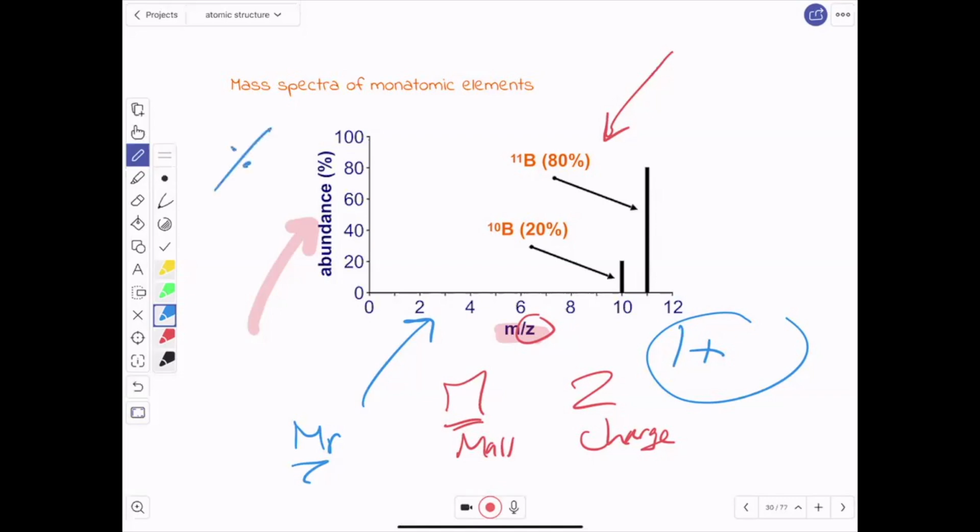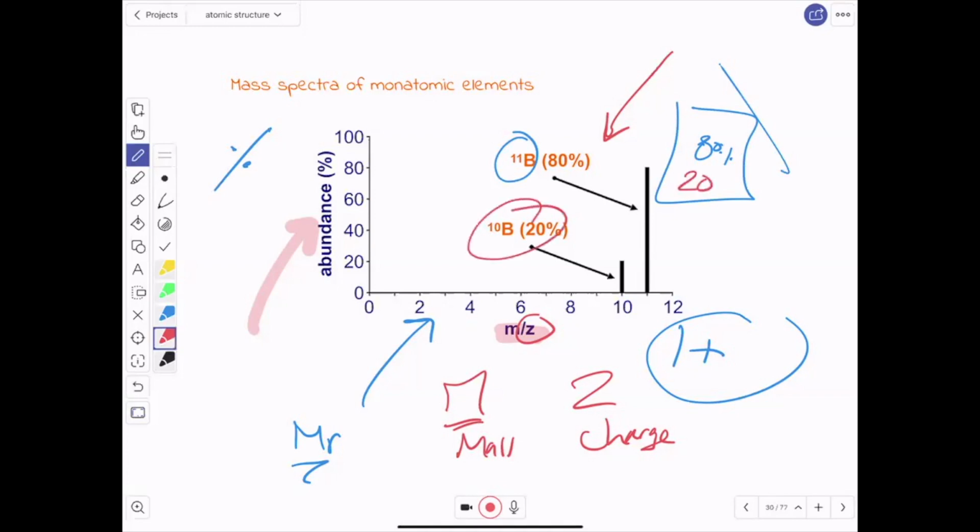Abundance is the percentage in the sample. So let's say 80% of your sample, of your urine sample or your gaseous sample, is boron 11, and the rest of it, 20%, is boron 10.